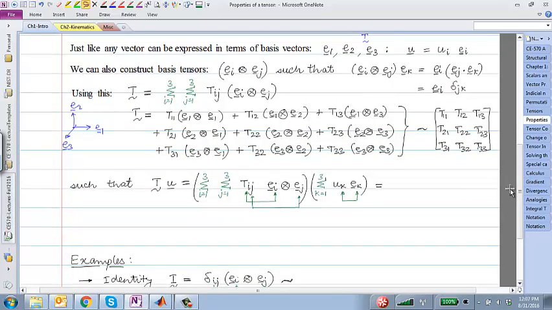All right. In terms of components, how does a tensor act on a vector? We have this way of expressing that. So we can write that as Tij UK and EI dyad with EJ acting on EK.